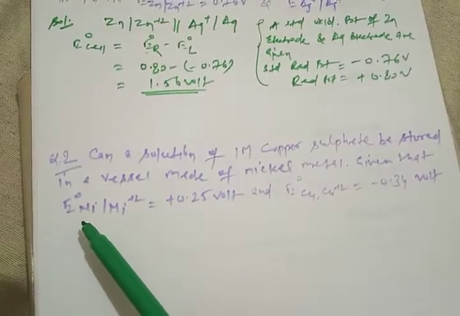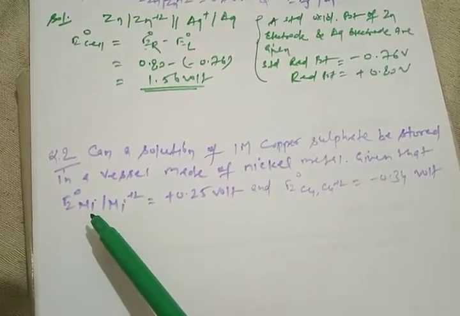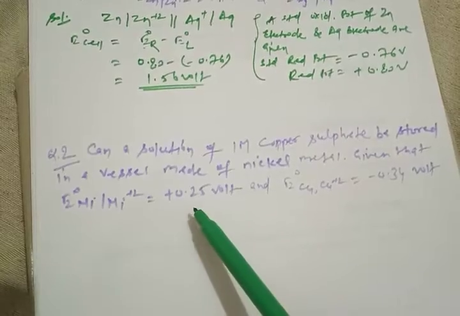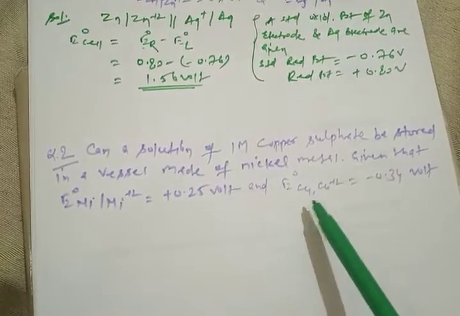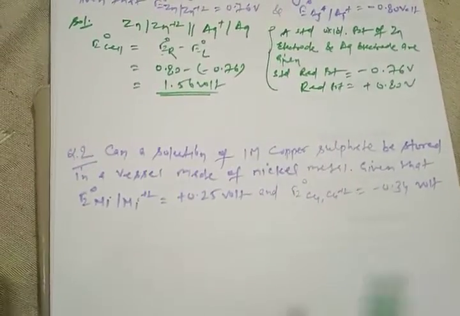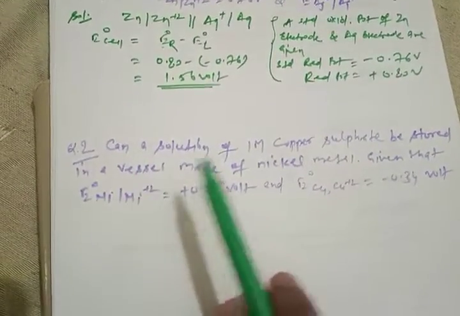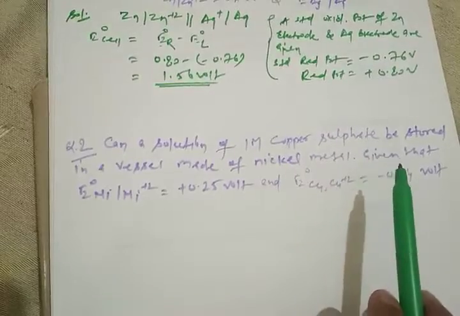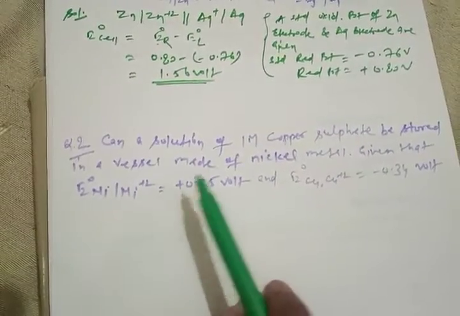Given E naught, that means the standard value of nickel to nickel plus 2 is plus 2.5, and copper to copper plus 2 is minus 0.34.